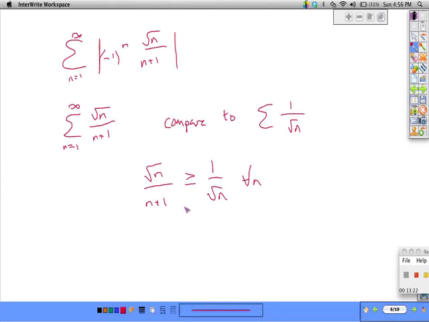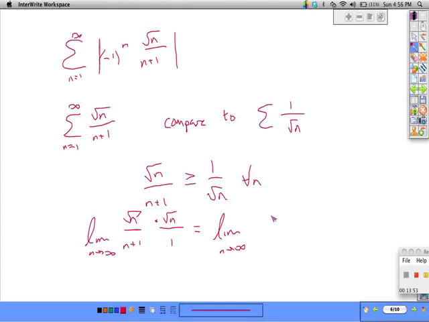I take that back. I'm not doing a direct comparison. I'm going to do a limit comparison. So I'm taking square root of n over n plus 1 divided by 1 over square root n.